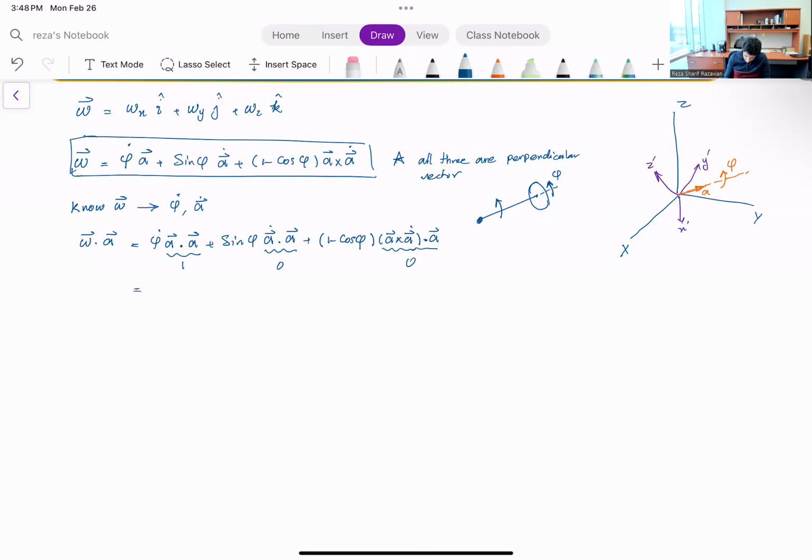So what I have is actually just phi dot. Let me write it the other way. So from here, phi dot is omega dot A.